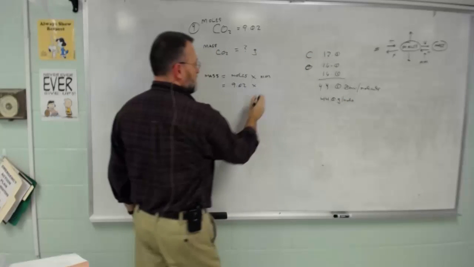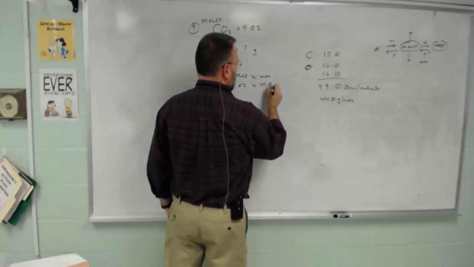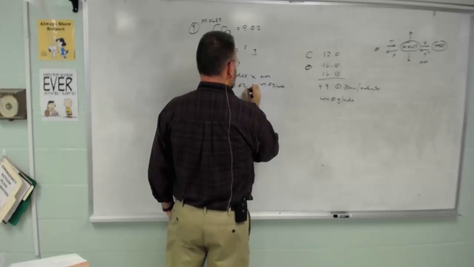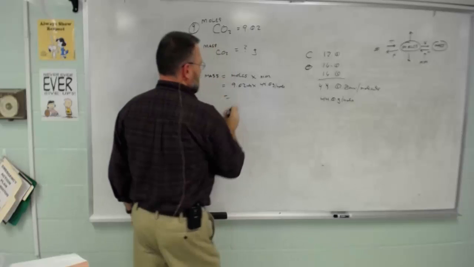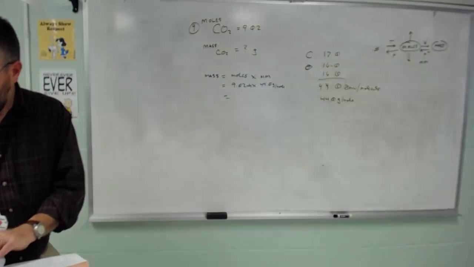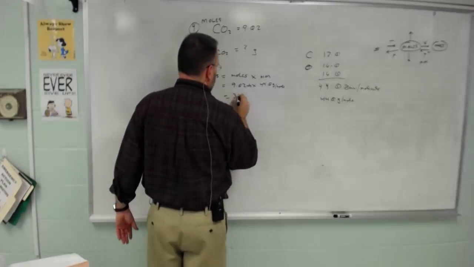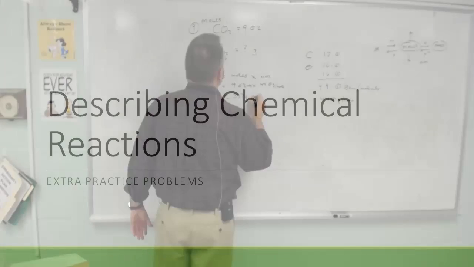So 9.02 times 44.0 grams per mole is going to equal 397 grams of CO2.